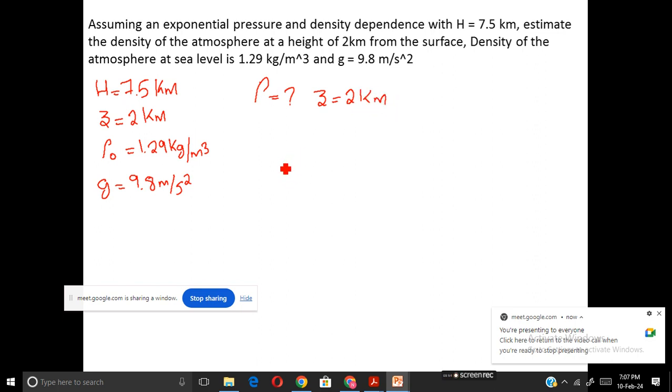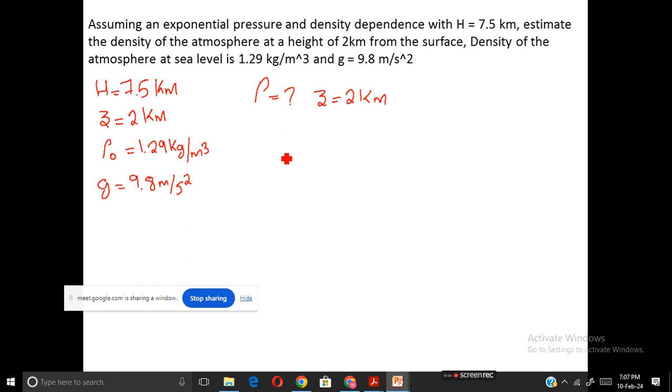Yes, rho is equal to rho 0 e raised to minus z by H. And we want to calculate rho. So do we know rho 0? What is rho 0?